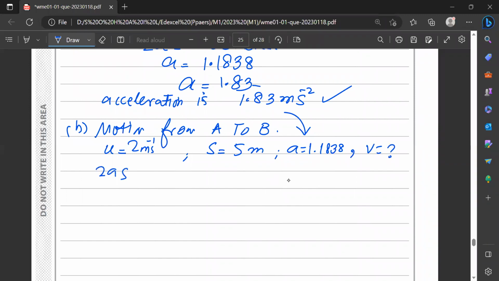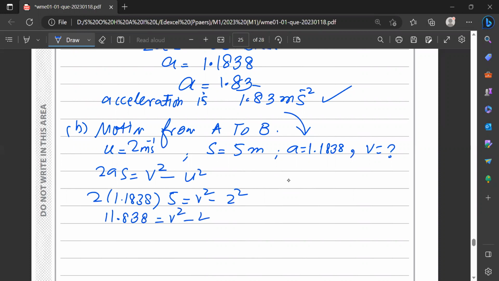So using 2as equals v squared minus u squared: 2 into a, 1.1838, into s, which is 5, equals v, question mark, squared minus 2 squared. Now using a calculator, this is 11.838 equals v squared minus 4.